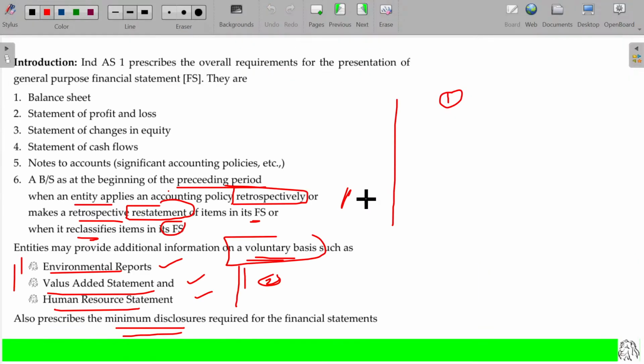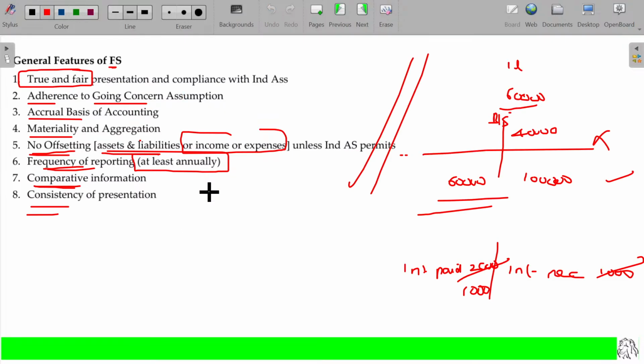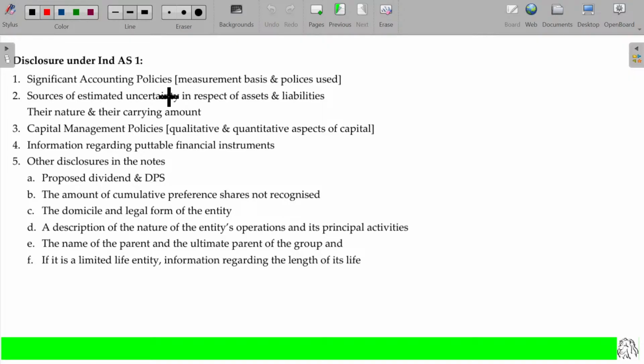So what will come under general purpose financial statement? What about the voluntary basis of disclosure, applicability, and when it is not applicable? Similarly, general features of financial statements. And what to be disclosed here under Ind AS 1. Any accounting policies you followed will be disclosed properly, related to the measurement basis as well as policies used.